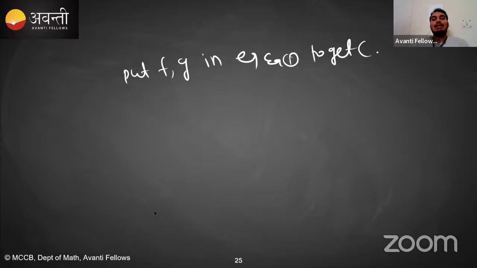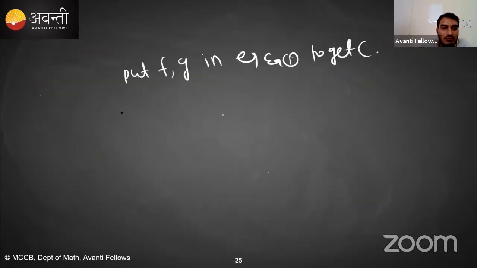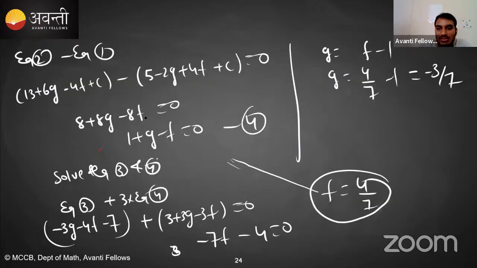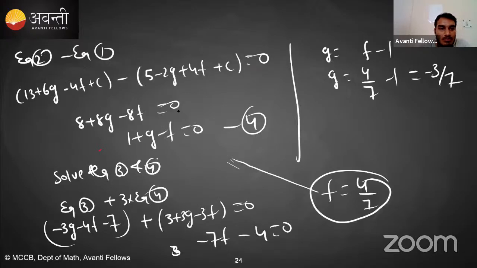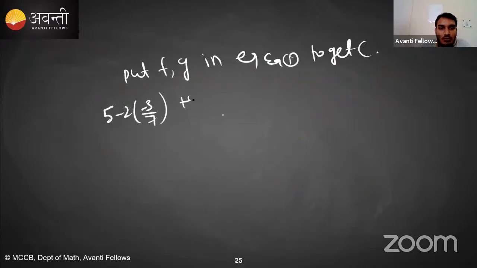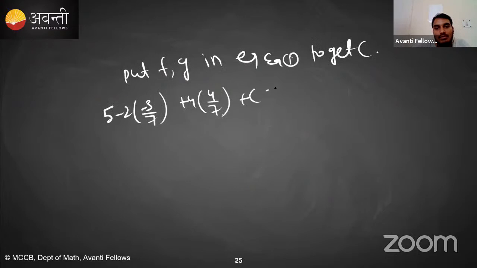So we get A, B, C, and once we have them, finally the circle. So what is this? 5 minus 2g, where g is minus 3/7, plus 4f, 4 into f, where f is 4/7. 5 minus 2g plus 4f plus c is equal to 0.